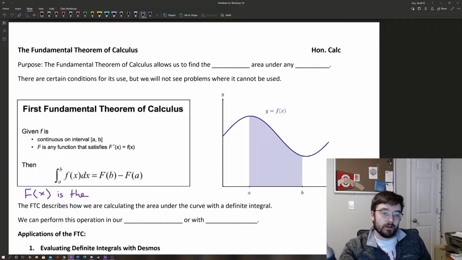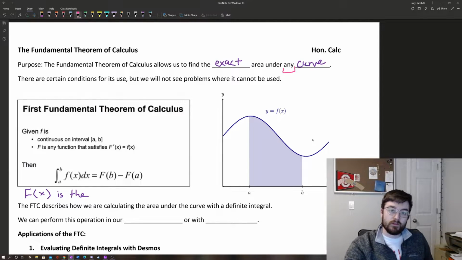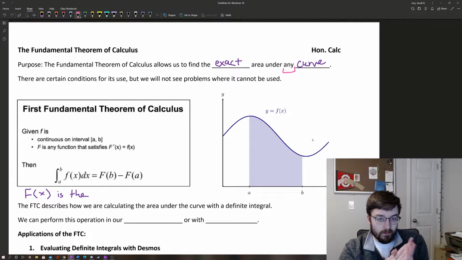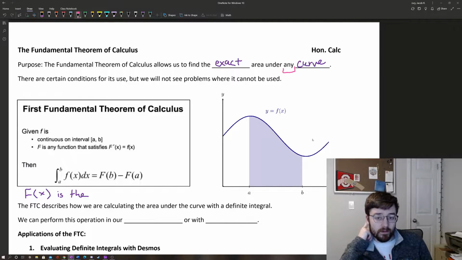To do that, we need to talk about this fundamental theorem of calculus that allows us to find the exact area under any curve. And I should have also made this word "any" important. Any curve here for us is going to mean polynomials, rational functions, things that are continuous.